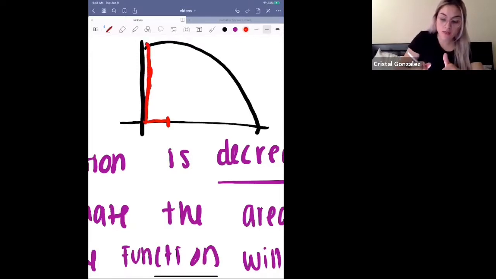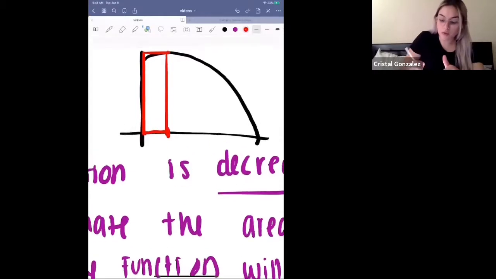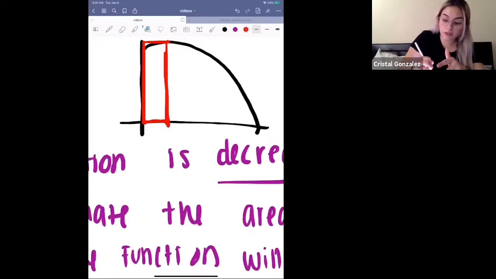And then as soon as we hit the graph, sorry, that was horrible. We're going to go down and draw that rectangle. Similarly, we'll go up here, draw that function, and we notice a little bit of overestimation.